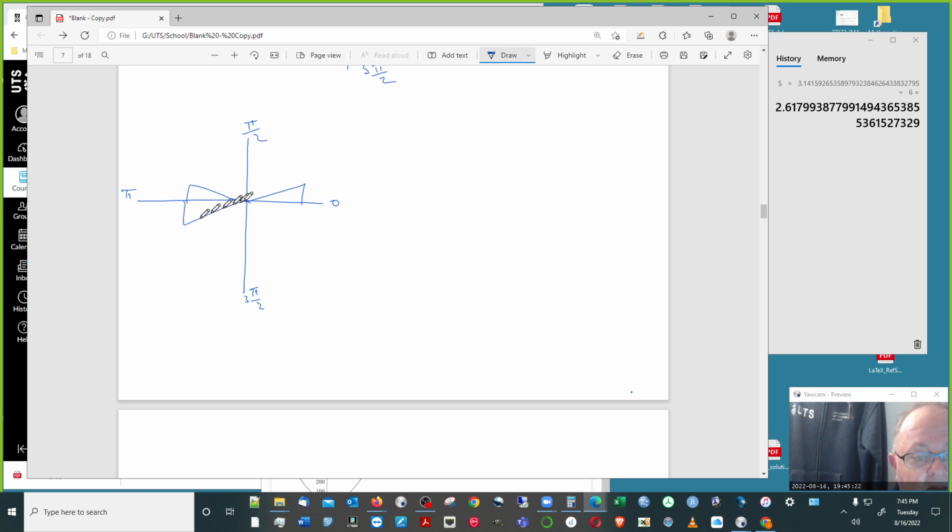And it can sit there, and it can sit there. If that's the 30 degree one, so it's got 30, 60, 90, 120. So all you do is you count around.